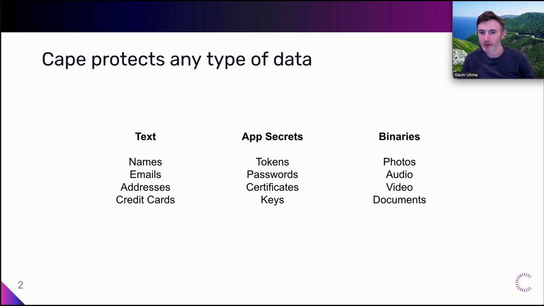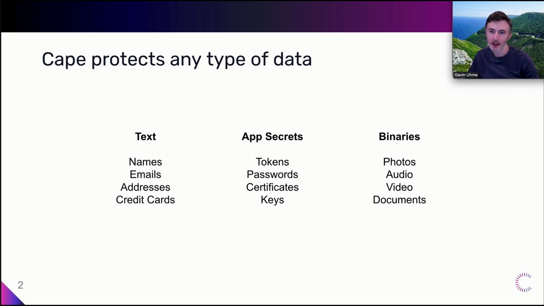So when we talk about sensitive data, we're typically talking about things like names, addresses, and credit cards. But increasingly, it's binary data like photos, audio, video, documents, and things like that, which are really common to be processed with machine learning. And so within a photo or a document, there could be lots of sensitive information, right?